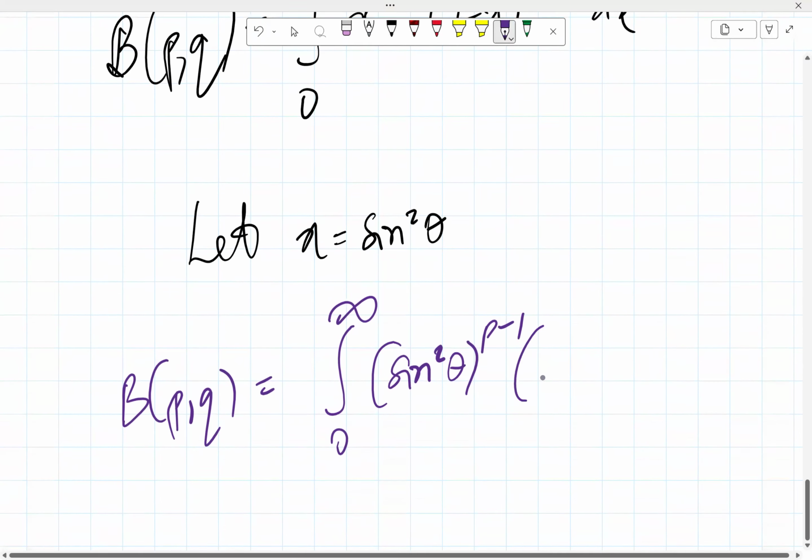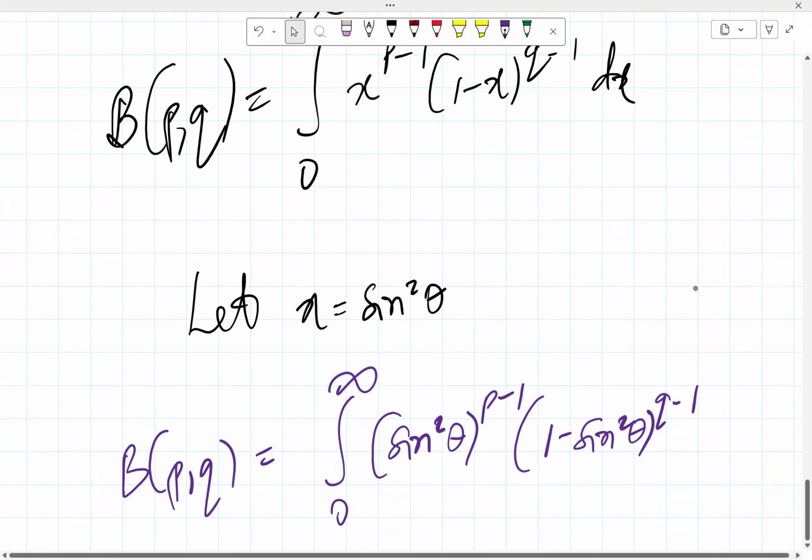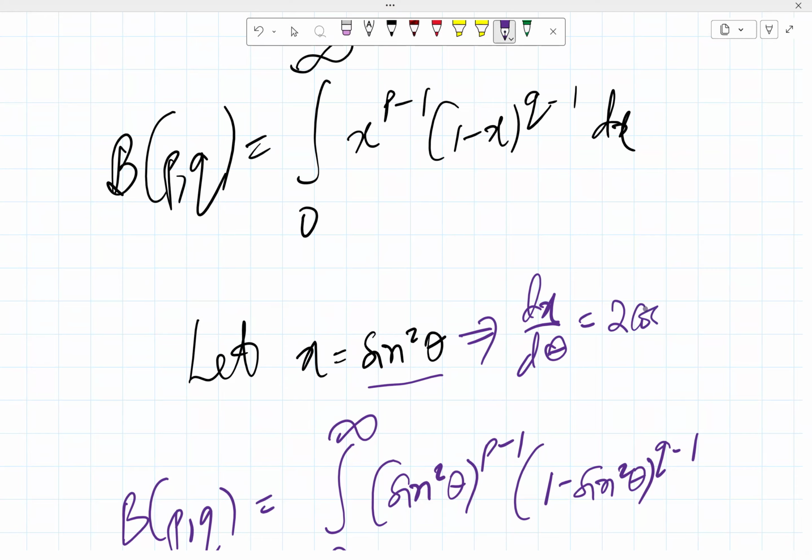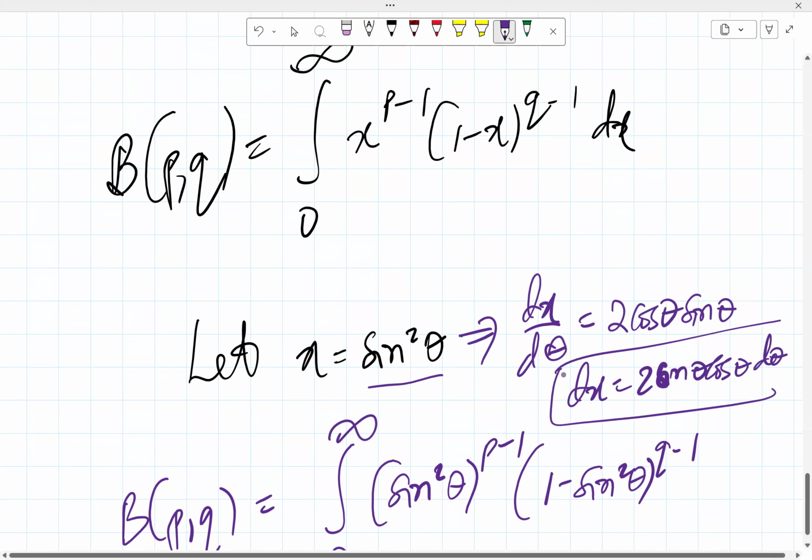And then we have 1 minus sine squared theta raised to q minus 1. And then, of course, we have dx. Now dx by d theta, if you differentiate this, bring down the power 2, differentiate sine, you get cos theta, and then you have sine theta. So overall, dx is 2 sine theta cos theta d theta.